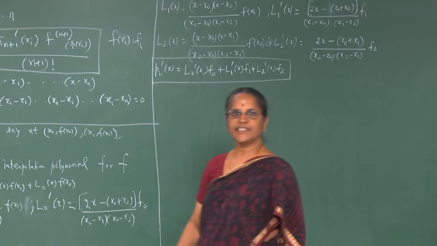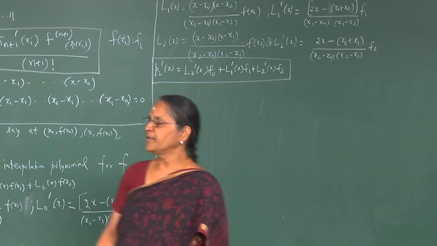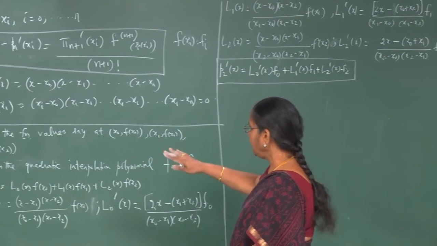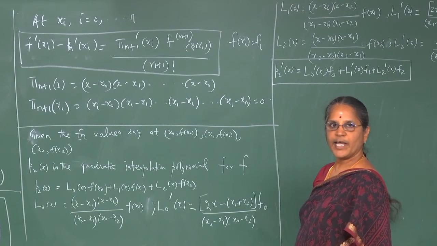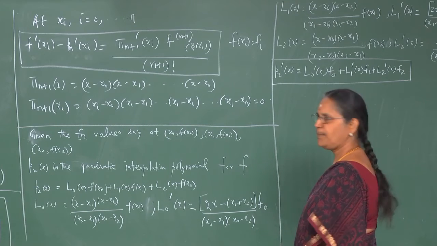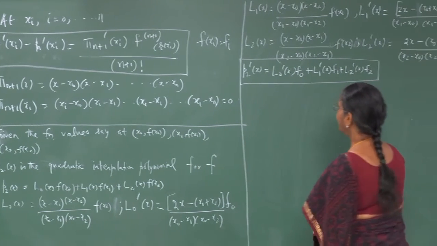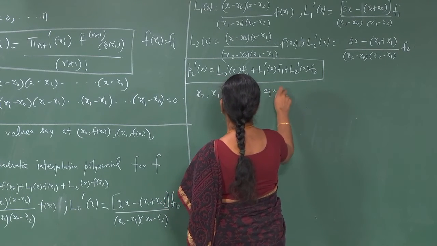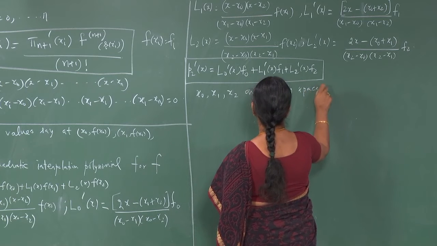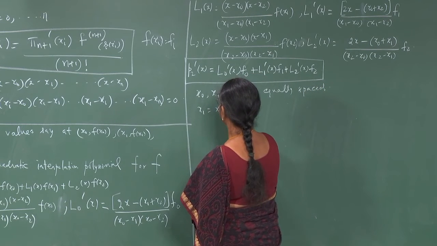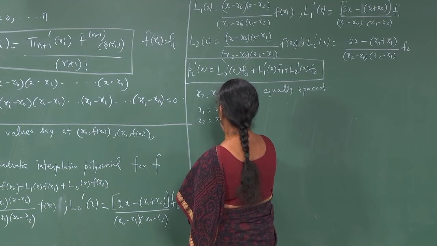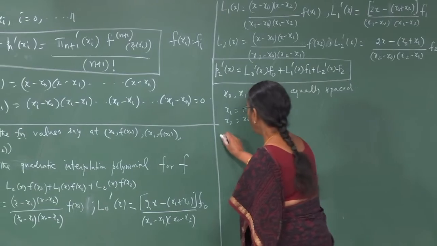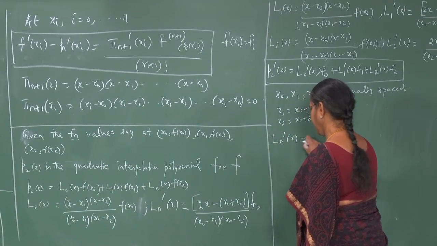Let us work out the details in a simple case. Suppose the points are equally spaced. The result can be worked out for arbitrarily located points xi also, but in order to simplify our computations, we consider the case that the points x0, x1, x2 are equally spaced, which means x1 is x0 plus h and x2 is x0 plus 2h. So, we use that information and find out what L0 dashed at x is.